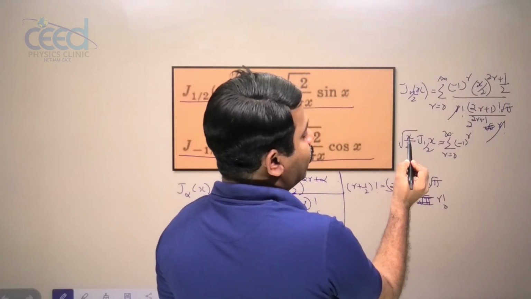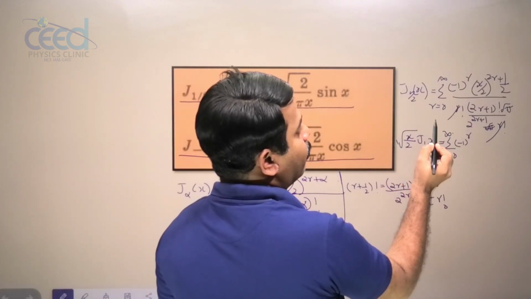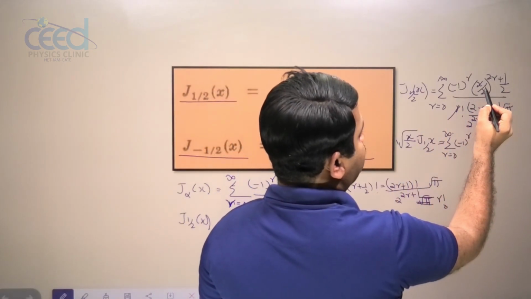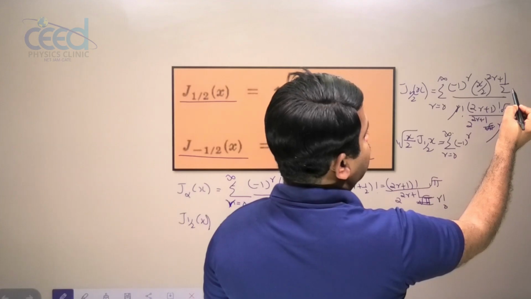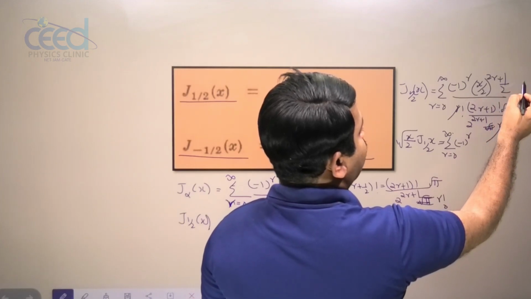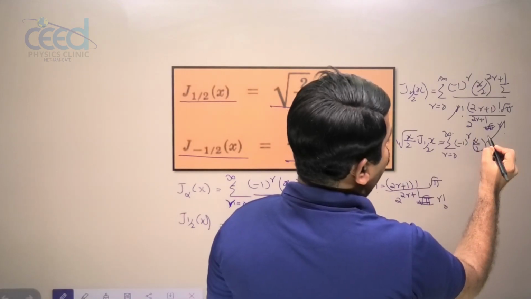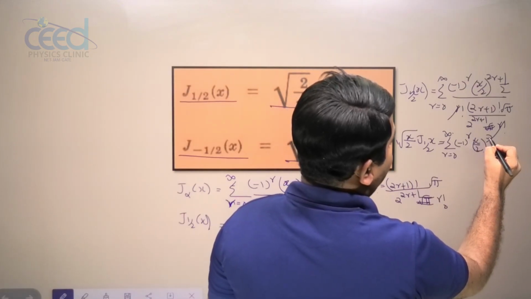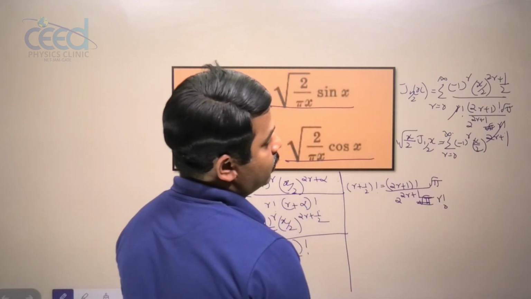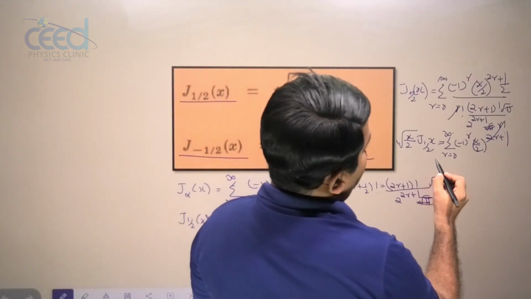See, this root x by 2 is (x/2)^(1/2). Here (x/2)^(1/2) you multiply, means this 1/2 plus 1/2, what, that is 1. Then here I can write as (x/2)^(2r+1). Am I right? Right.